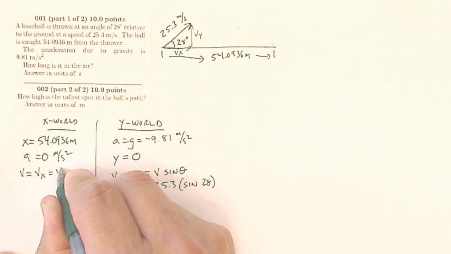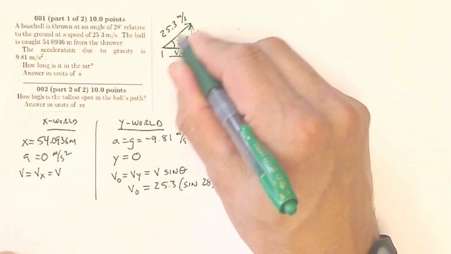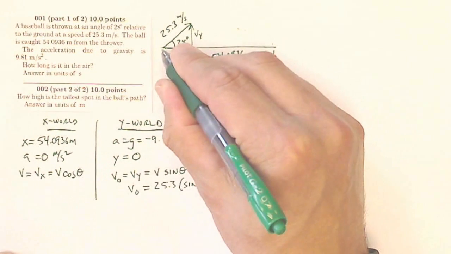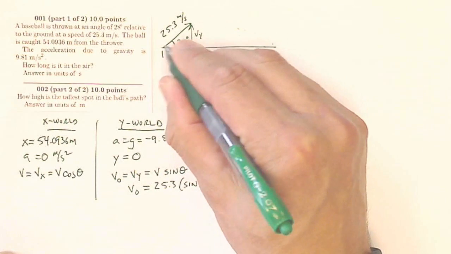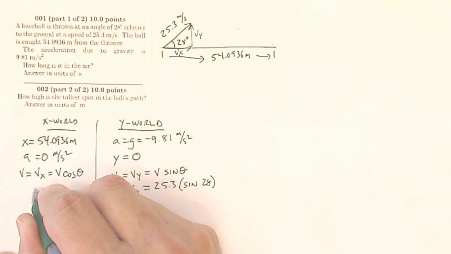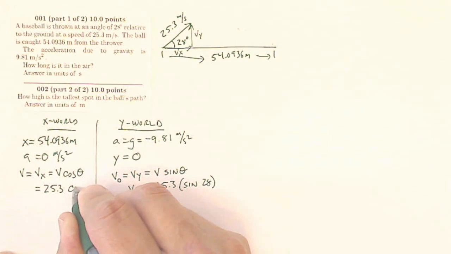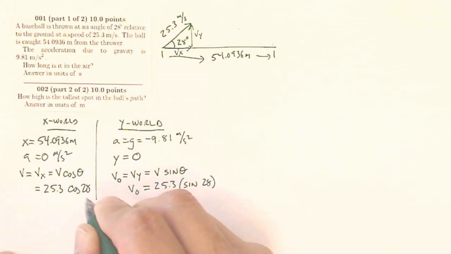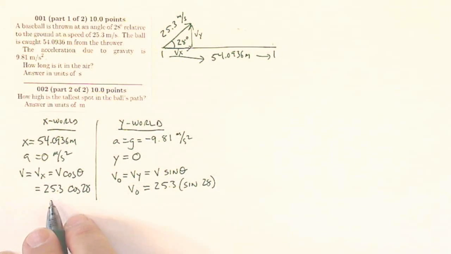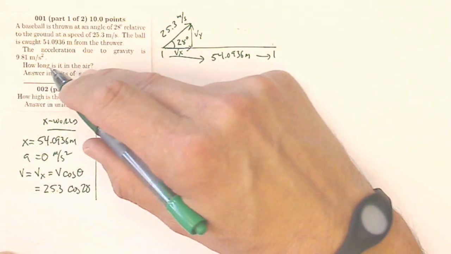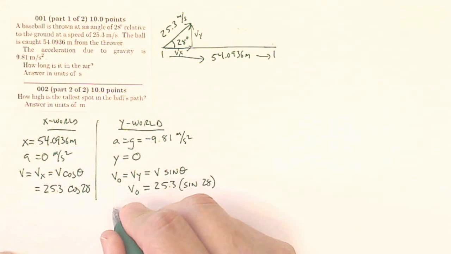And that's going to be this velocity times the cosine of theta, because this is adjacent to the angle with the hypotenuse. So that is going to be my 25.3 times the cosine of 28 degrees. So I've got an x velocity and I've got a y velocity. Now what I'm looking for, how long is it in the air? I'm looking for a time.